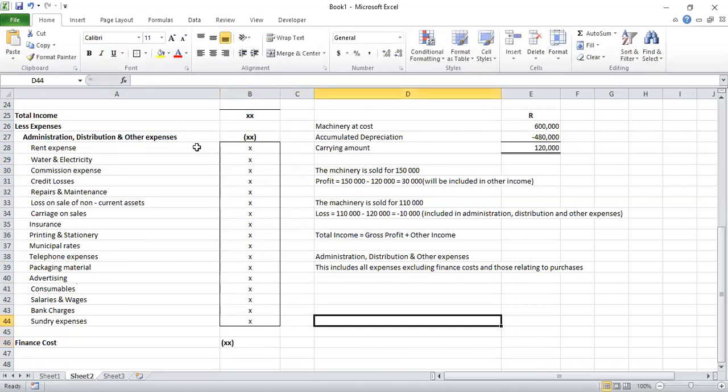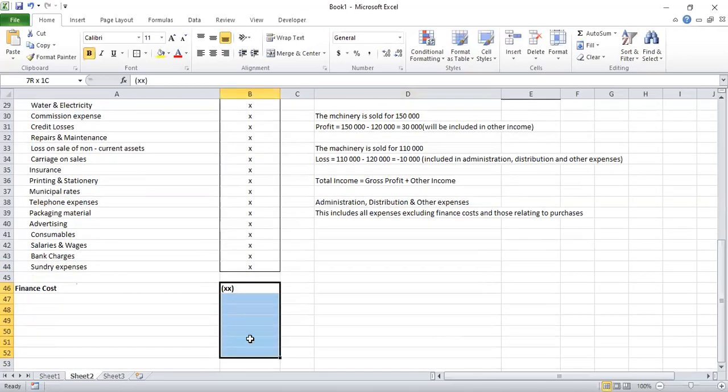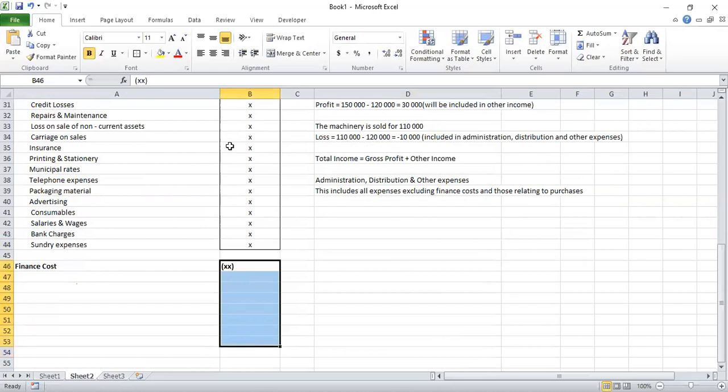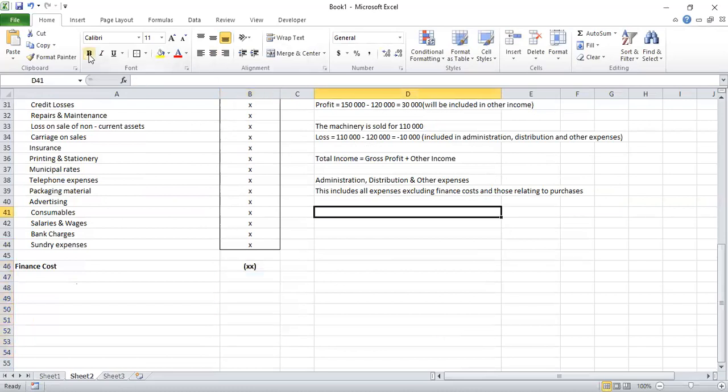Right. Expenses, if you can see, I'm putting in brackets because they will be subtracted. Finance costs. This includes all interest expenses.